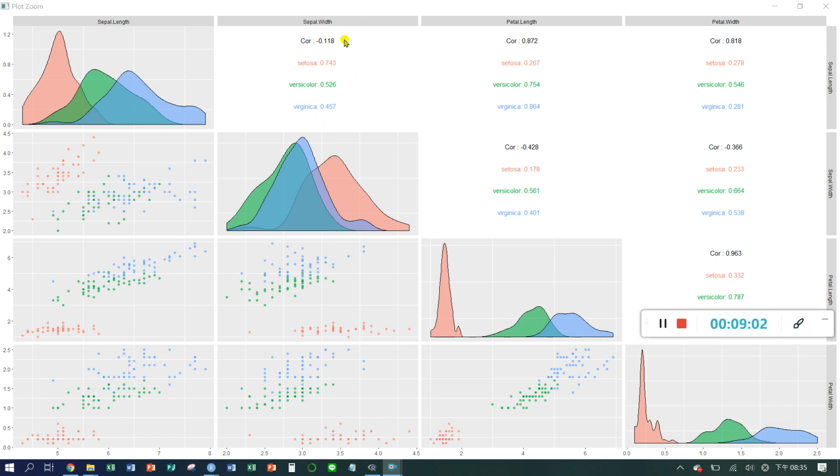So here you may see the correlation for each variable. Here the sepal width and the sepal length have a negative correlation. The correlation is always between -1 and 1. If the correlation is close to 1, it is positive.